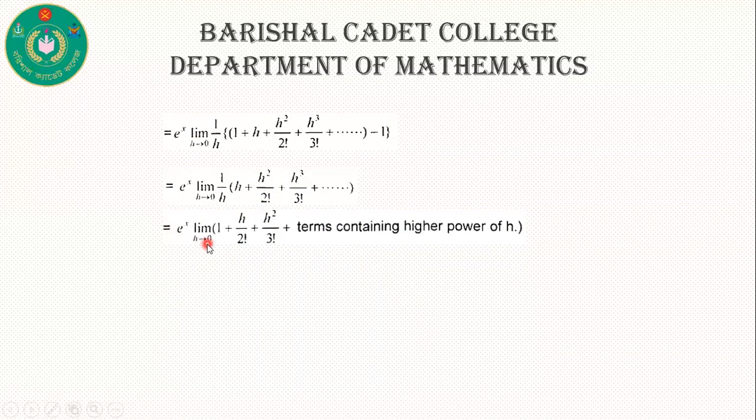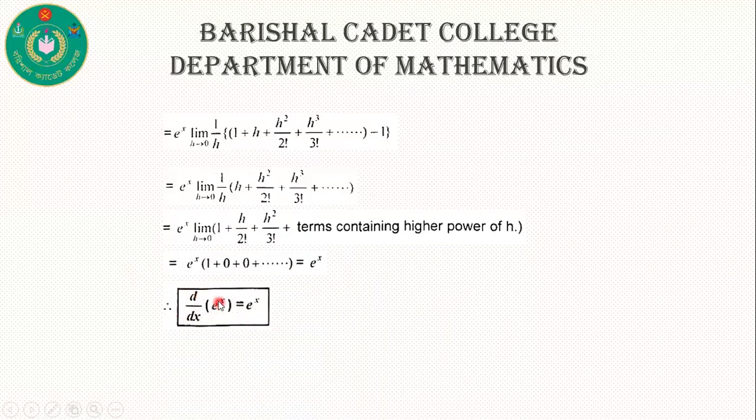Now putting the value of h here, we can write e to the power x into 1 plus 0 plus dot dot dot. Here e to the power x into 1 means e to the power x. So d by dx e to the power x is equal to e to the power x.